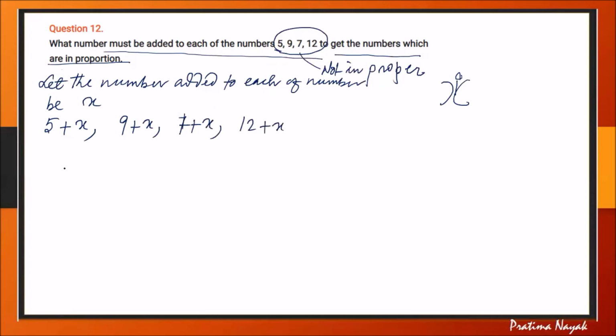Now they are in proportion. Then the ratio of first to second is equal to the ratio of third to fourth.